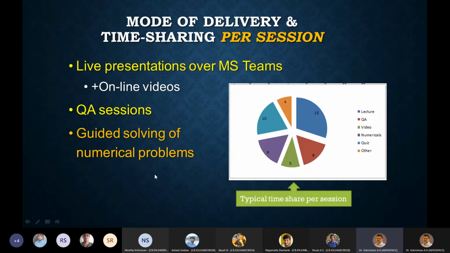And numerical problems. That is, we will have a few sessions where we'll attempt numerical problems. What I would suggest is that as I explain the problem or as I try to work it out live on the screen, I would request you also to be parallelly doing that, because unless you work on it, you won't get a feel for the solution of the problem.